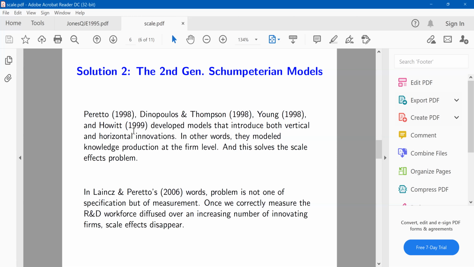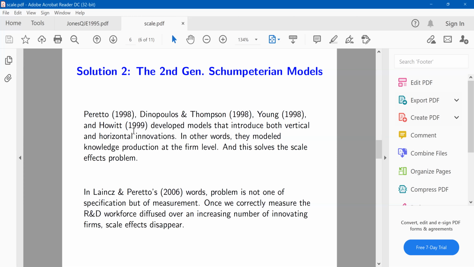And importantly, they started modeling innovation at the firm level or the sector level. Because in the first generation models it was the aggregate level, right? So there's only one innovating sector, or if there are multiple sectors, they behave as if there's just one sector.